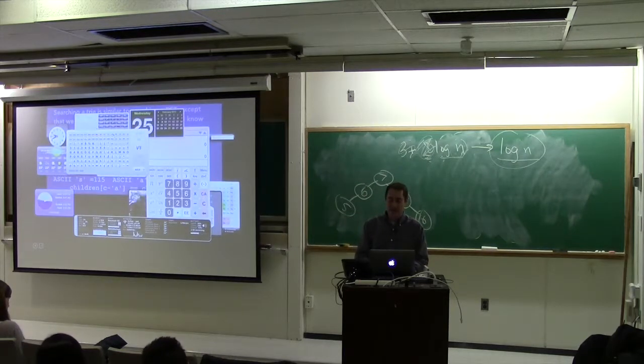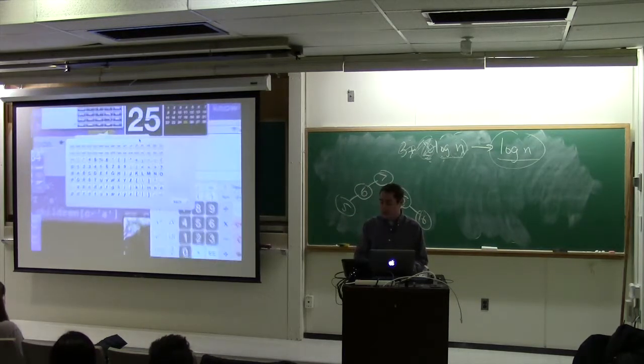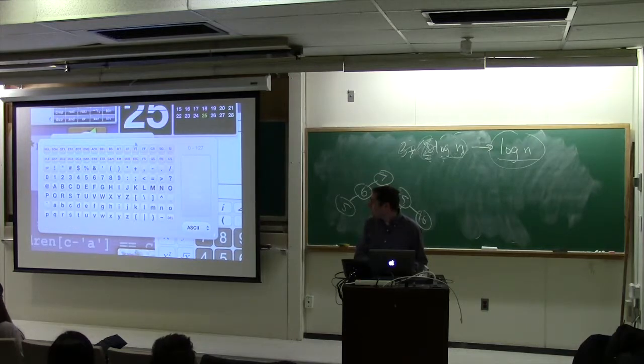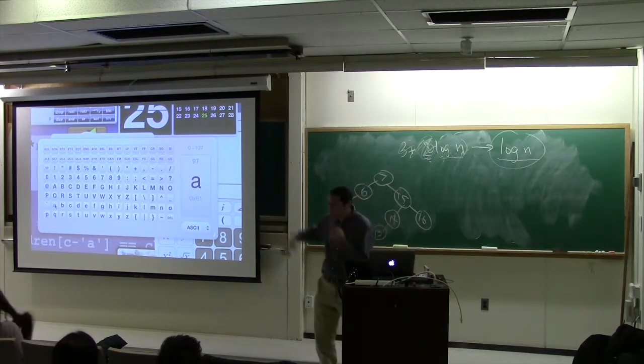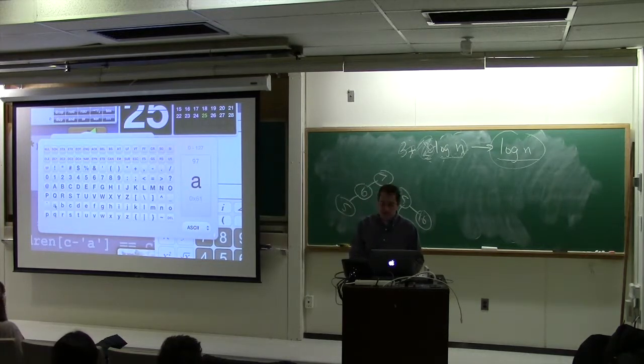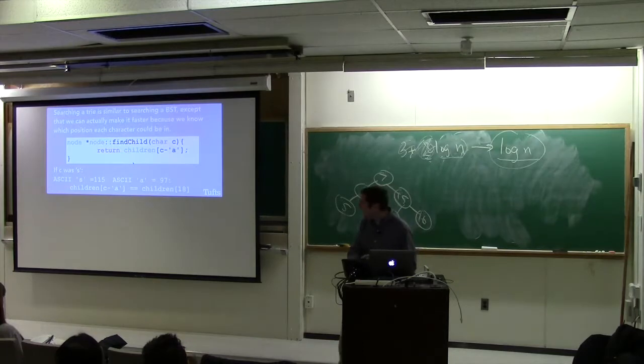In fact, I have an ASCII table on my computer here, and it looks like this. If I hover over some of these, a over here is 97. What do you think b is? 98. They were smart about that. c is 99, et cetera, all the way up to z, which is 122. And then all the other letters fit in there. They thought a lot about this when they did it.